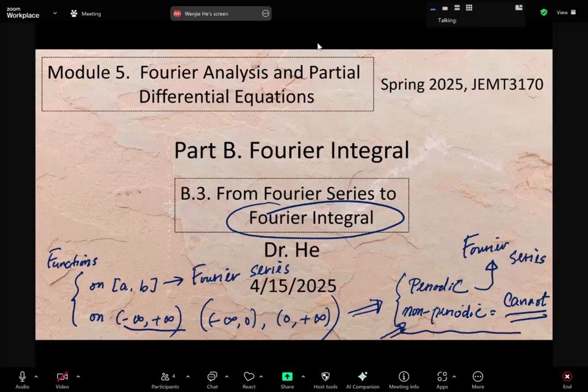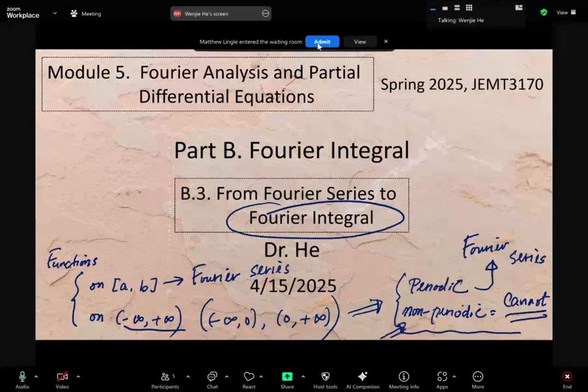For that reason, we need to consider a different way to represent these functions. We don't want to miss or skip this big class of functions.